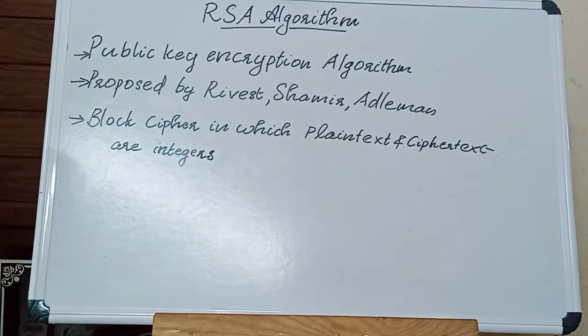RSA is a public key encryption algorithm proposed by Rivest, Shamir, Adleman.